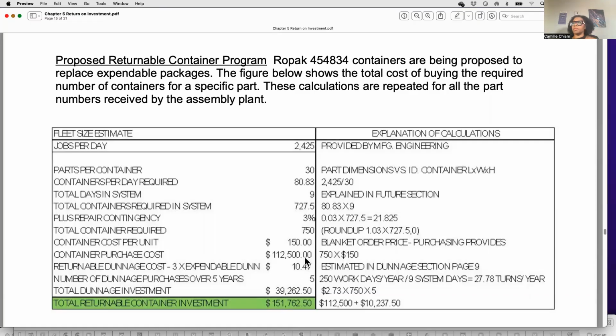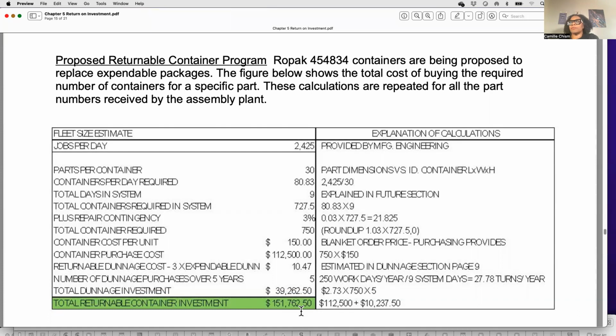So they were able to say their usage for one over 5 years. This is going to take this times 5 over their usage over 5 years, and that comes out to $39,262.50. So the returnable container investment is going to be the $112,500 plus the $39,262.50.